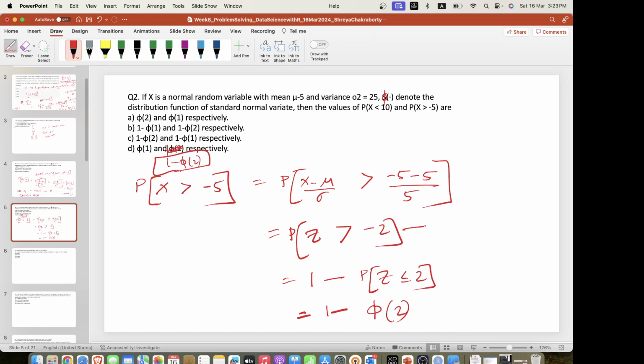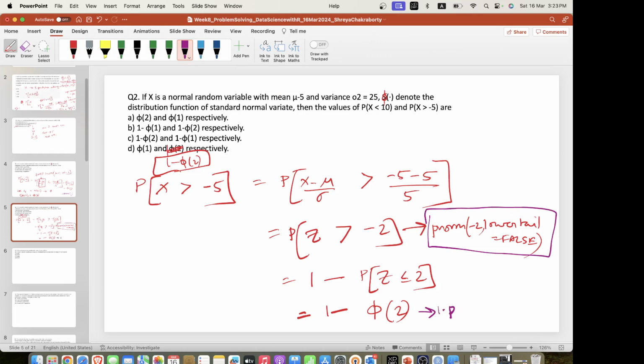If you want to calculate directly from here, you just have to use pnorm of minus 2, but this is very important, lower.tail equal to FALSE. But if you just want to give pnorm, if you calculate from this step, you have to give 1 minus pnorm 2.